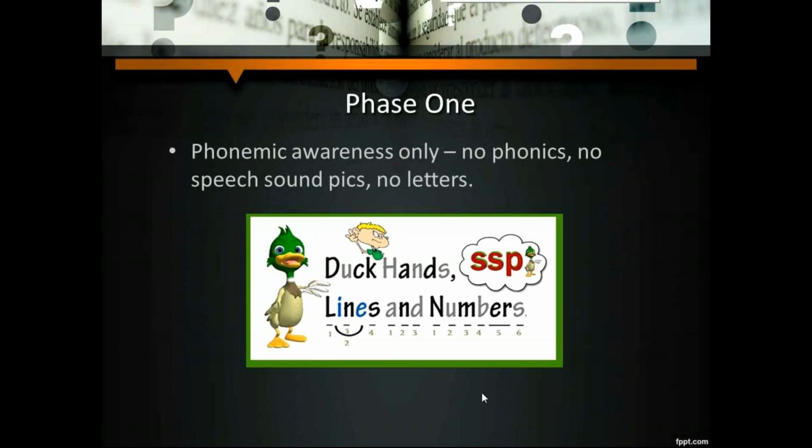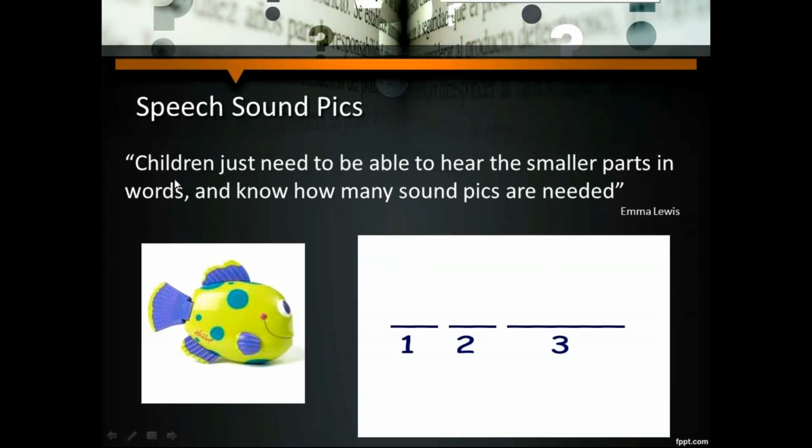Like I said, SSP involves listening and learning to the different sounds and then being able to blend and segment those sounds. So like fish, sh has the 3 sounds, and just being able to write the lines, 1, 2, 3 lines, that shows us that kids can hear those smaller parts in the words.